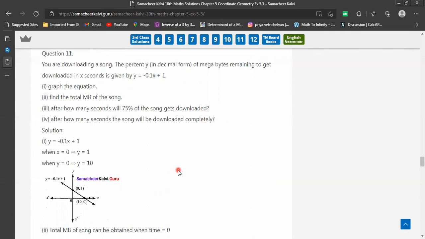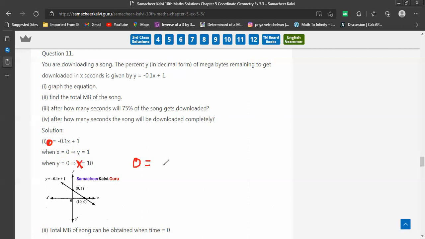So they said y is equal to -0.1 into x plus 1. So for finding the coordinates, they are substituting x as 0. You substitute x as 0 in this, you will get y as 1. If you substitute y as 0, then you will get x as 10.